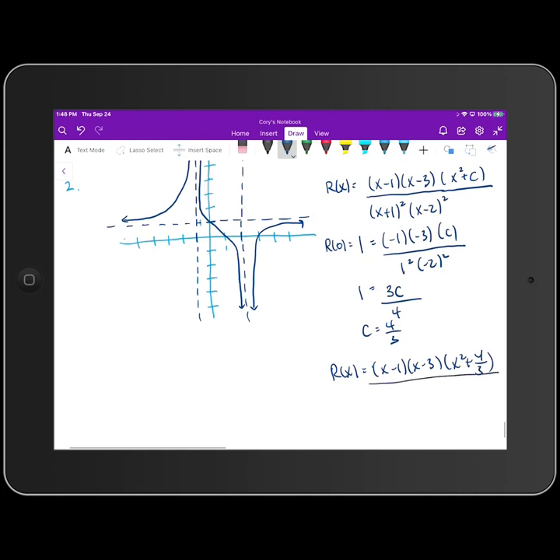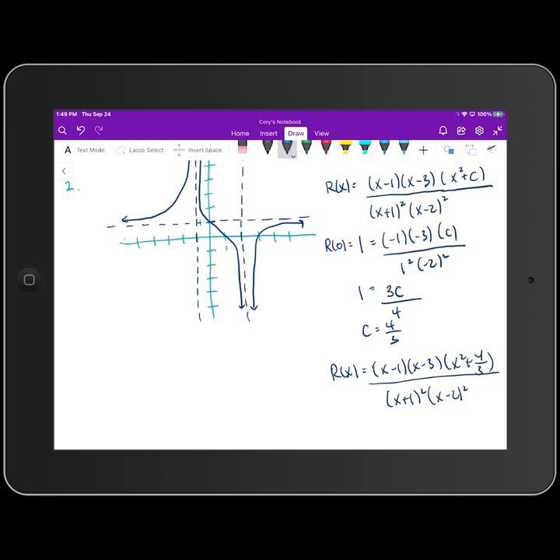Since x squared plus 4/3 is not factorable, the numerator does not have any more factors, which means the graph is not going to have any more x-intercepts. And then we are dividing that by x plus 1 squared times x minus 2 squared.